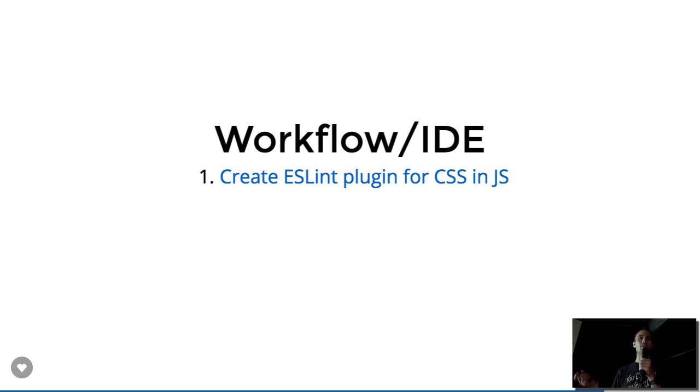And if you really are interested, I have great learning materials for writing ESLint plugins, so come chat with me later. I'm serious. I have a lot of things that I'm doing, and I would love for somebody else to do this.